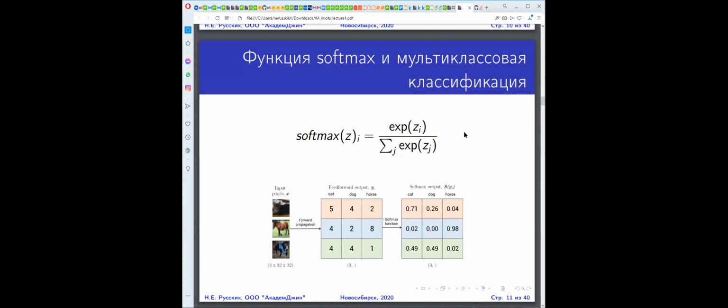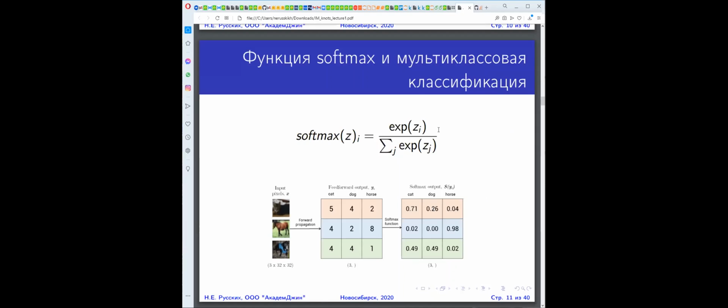So application of this function is going to just take an exponent of everything and normalize it such that the sum of the outputs equals unity. So the outputs after application of this activation function are going to be mutually exclusive.